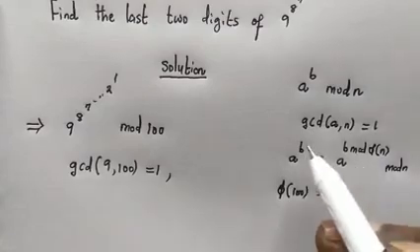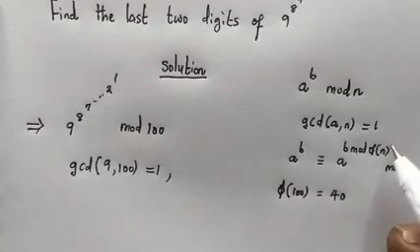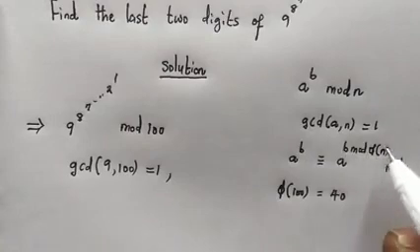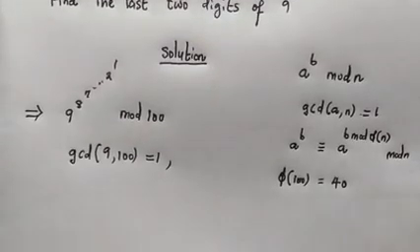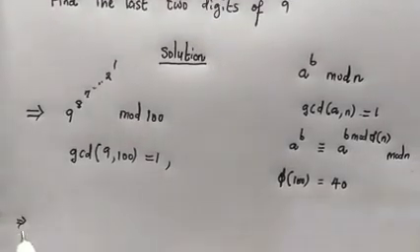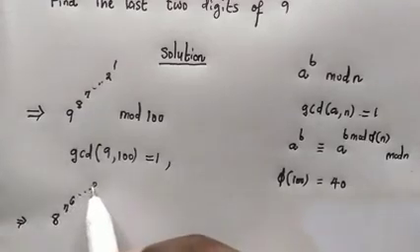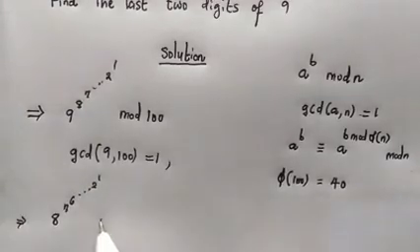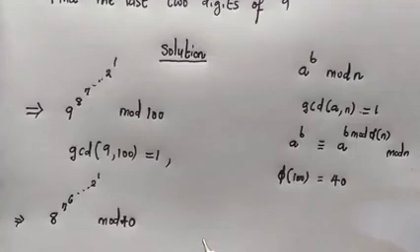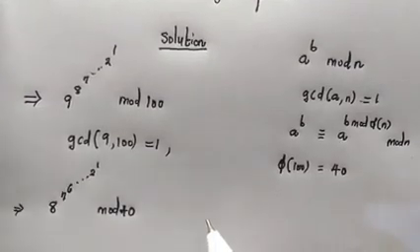You can see here A to the power of B is equal to A, then raised to the power of B in mod Euler phi of n, and then mod n, okay? So this implies that we're going to evaluate 8 to the power of 7 to the power of 6, continuing to the power of 2 to the power of 1 in mod 40, which is going to be very interesting.